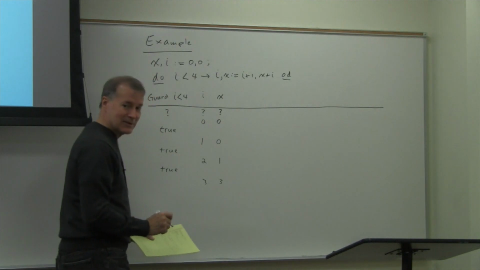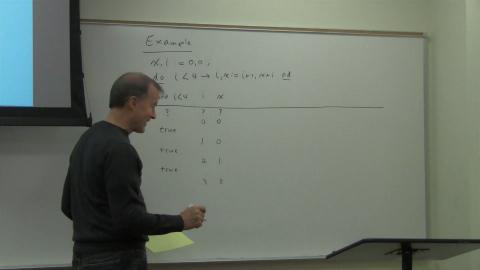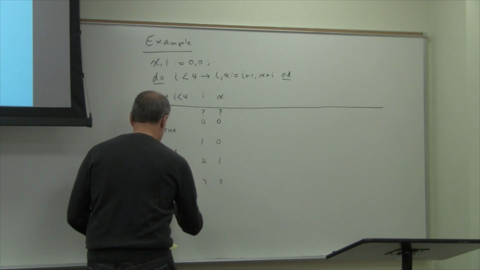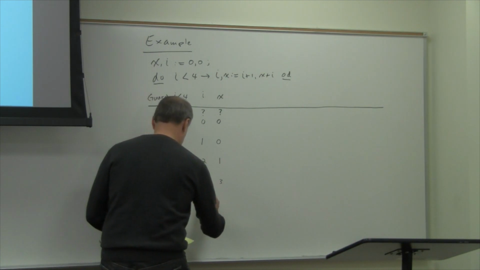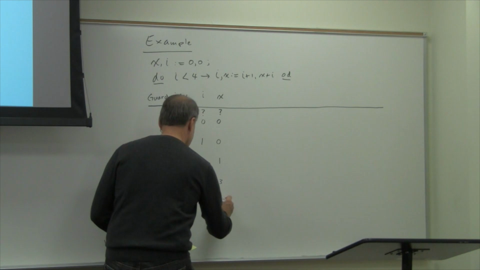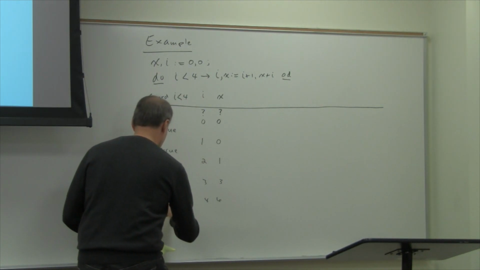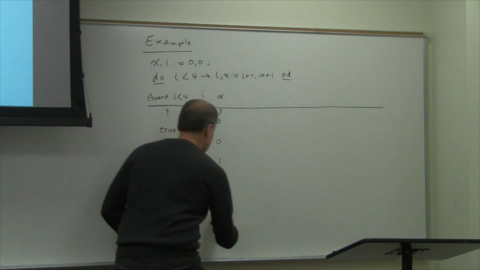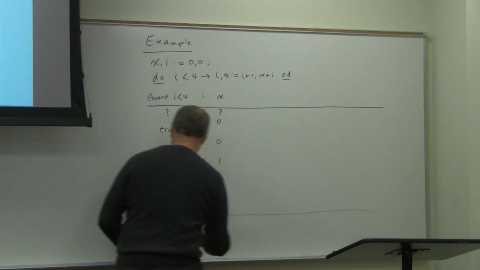Is everybody following this? 3, 3. Okay. And then what happens with the guard? True. Then what is it? 4 and 6 is correct. And then what happens to the guard? False. And now because the guard is false, we terminate. So false, we terminate.